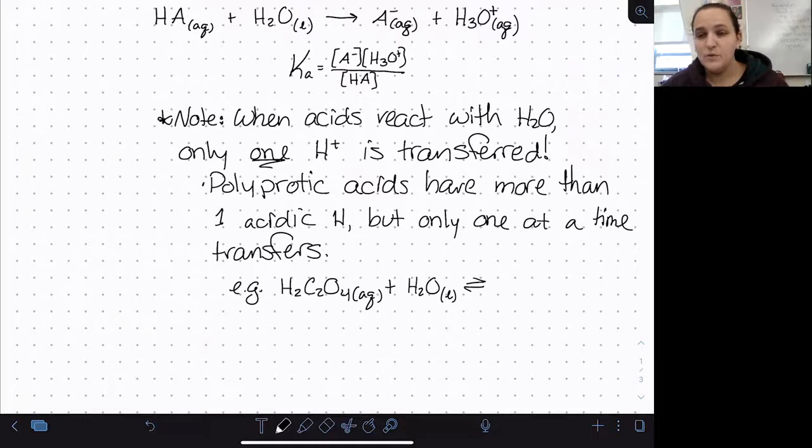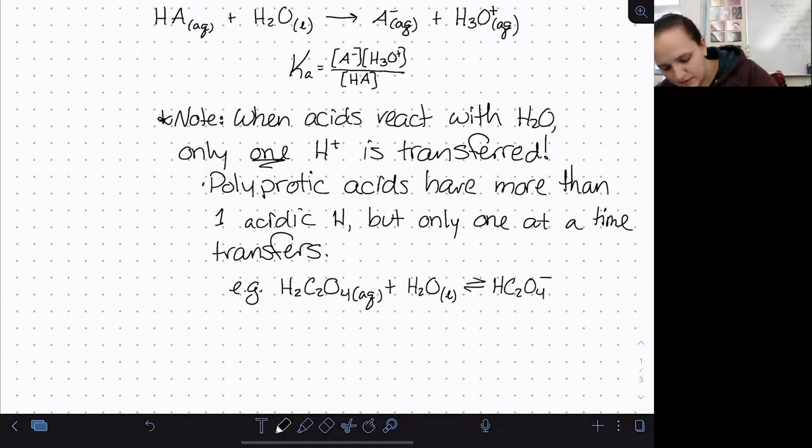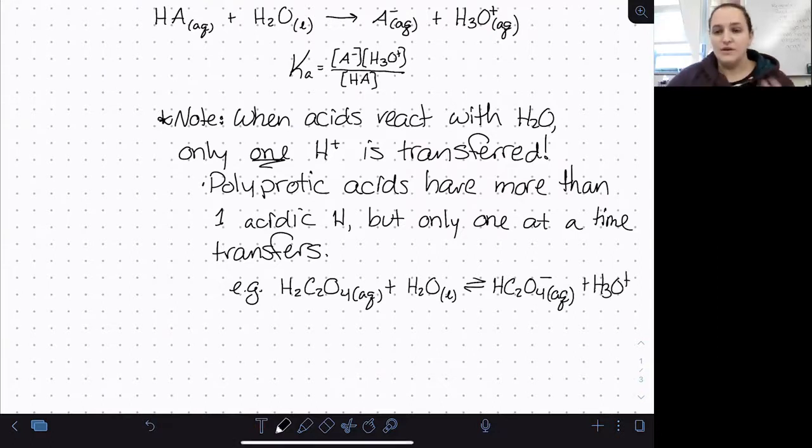So when we lose one acidic proton from this, we have one left. So we'll have HC2O4 minus and H3O plus. This reaction would have an equilibrium expression, and its equilibrium constant would be the first dissociation constant, or Ka1 is how it would sometimes be noted.